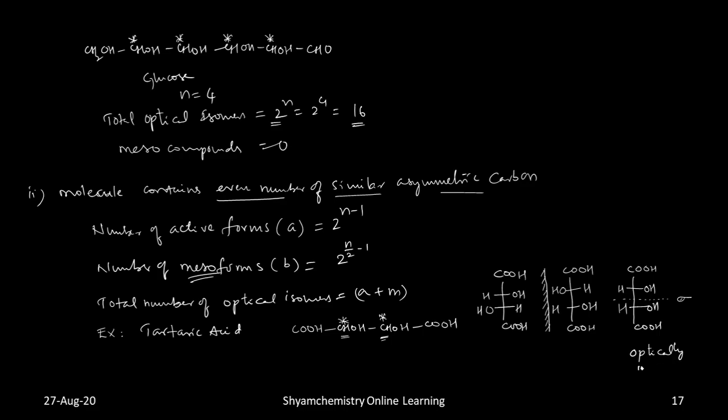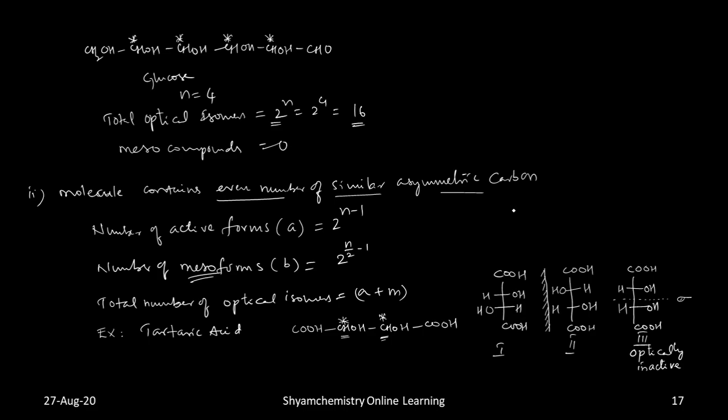There is no mirror image for this. Optically inactive. Okay. So now only three isomers are possible.